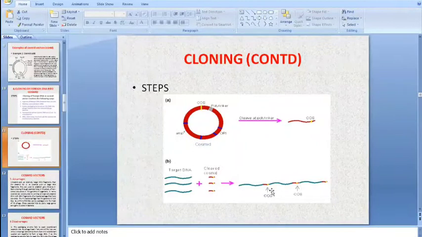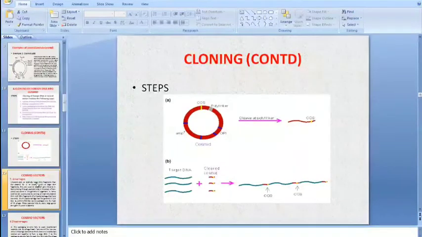So between the two cos sites, a foreign DNA is ligated. Now this ligated foreign DNA, after packaging into the vector, will be introduced into the host cell for multiplication. So those are the steps for cloning of a foreign DNA into a cosmid vector.